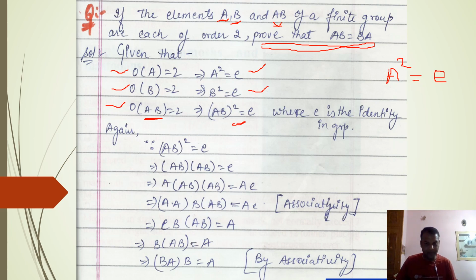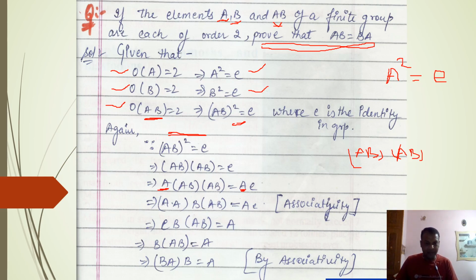Now we will start from AB square, as we have the result AB square equal to E. AB square can be written as AB into AB. Now we are multiplying both sides by A from the left.